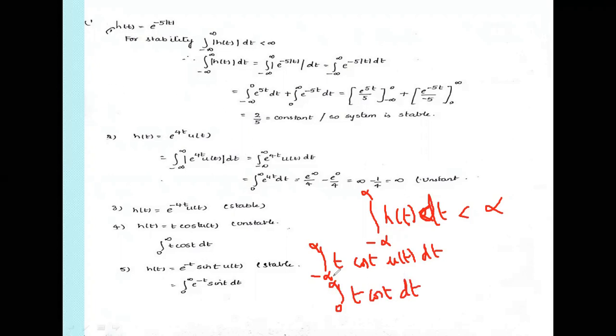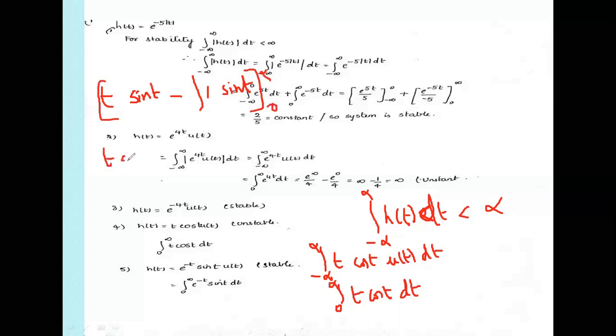Now, apply the u variable here: t into sine t minus the integral of t, whose derivative is 1, times sine t, with the upper limit infinity and lower limit 0.